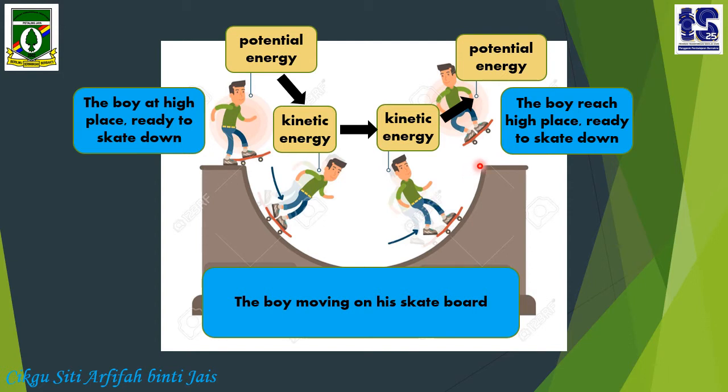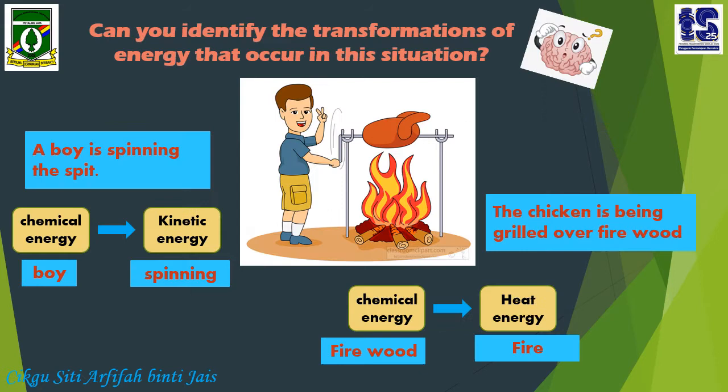Then again, at this point he has potential energy. He moves down again and up until here. While he is moving, he has kinetic energy. Even though maybe he just stops for a while, at the point he stops at the high place, he has potential energy. Okay, can you think of the transformation of energy in this situation?